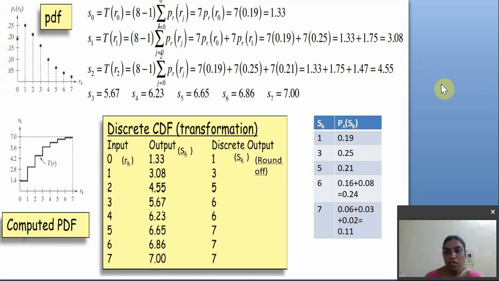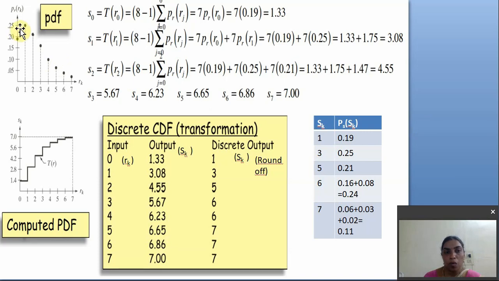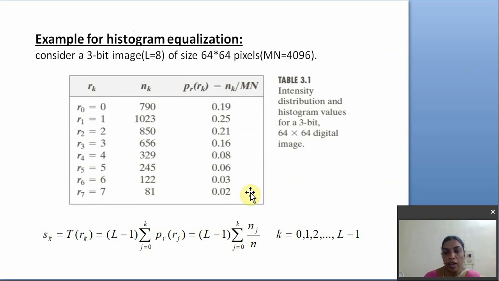Otherwise, if you observe the table, the minimum is almost 0 and the maximum is 0.25. So mark 0.25 and split the scale like 0.05, 0.1, 0.15, 0.2, 0.25. Then mark all the values for the corresponding r_k values.